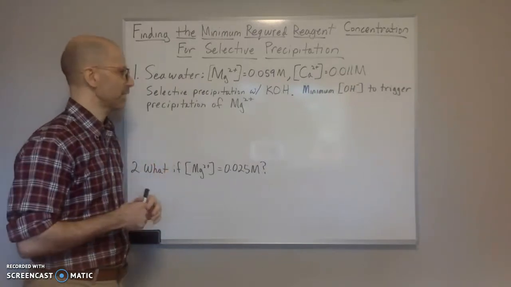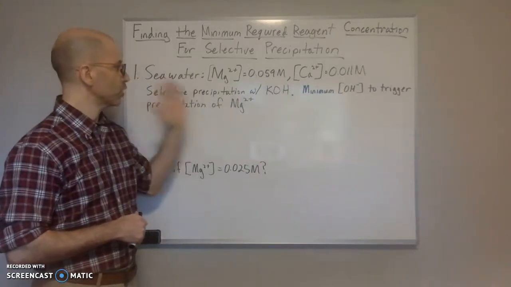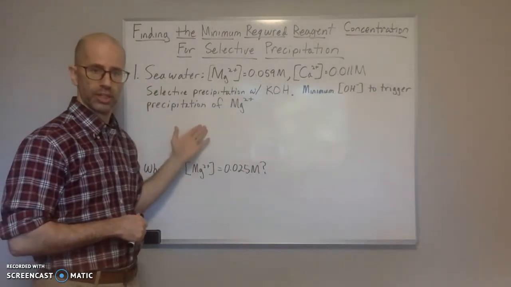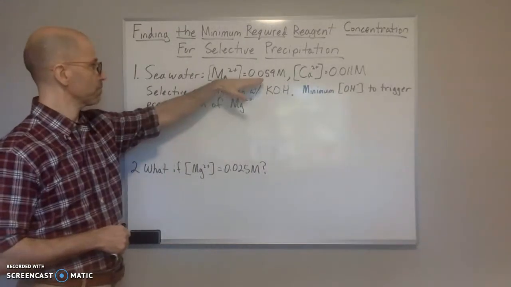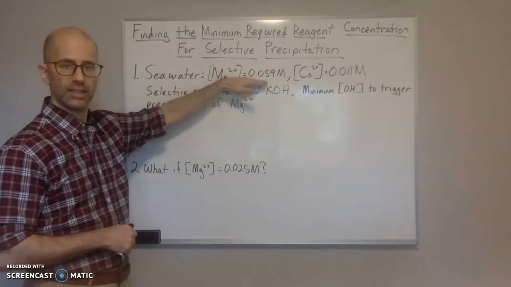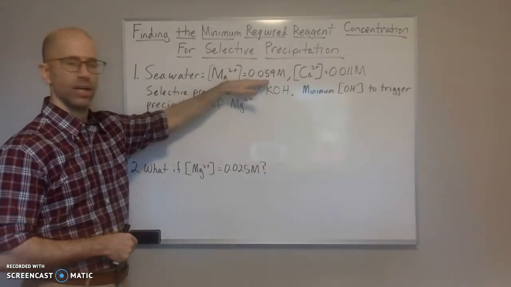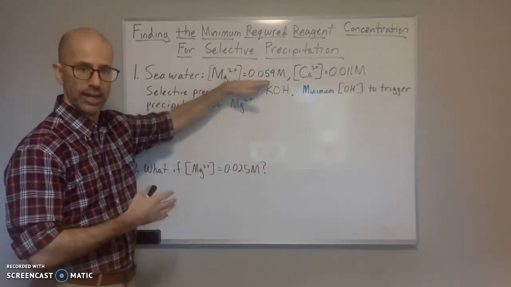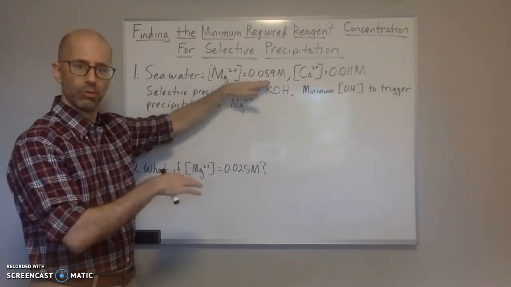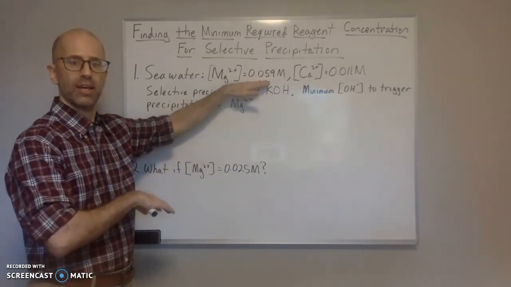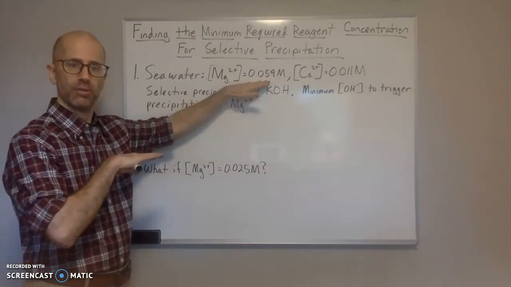So what you want to do first is understand when you are going to precipitate. You're going to precipitate when the Q value, your quotient, is equal to the KSP. When the concentrations of your ions, as they are right now, give Q, and Q is equal to KSP, then you're on the cusp of precipitation.